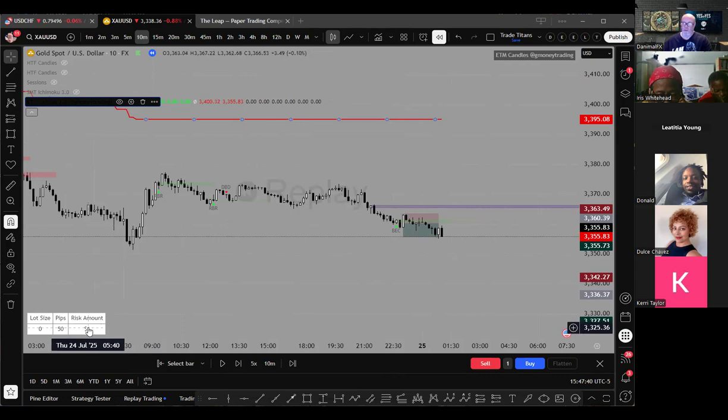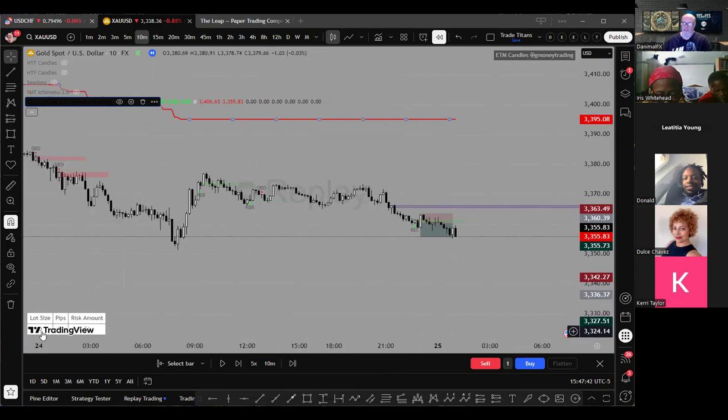It'll tell me if you get a 0 as your lot size, the smallest you can trade is a 0.01. So if you're at 0, you're definitely talking about a 0.01. 0.10 would be a lot size where you'd see a 0.1.